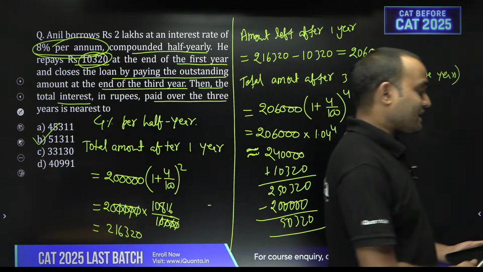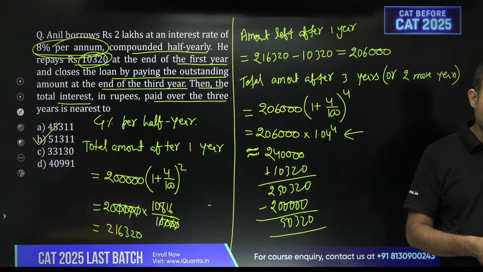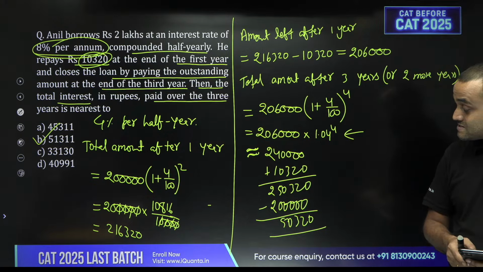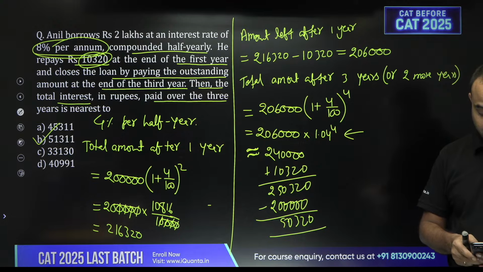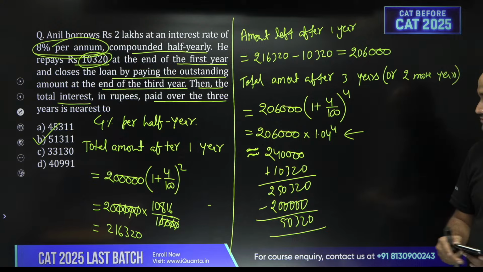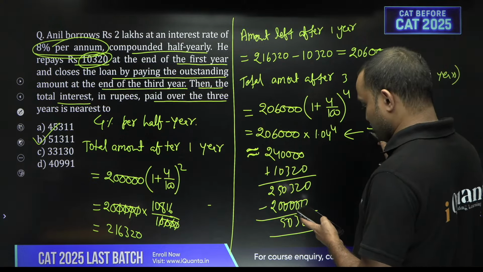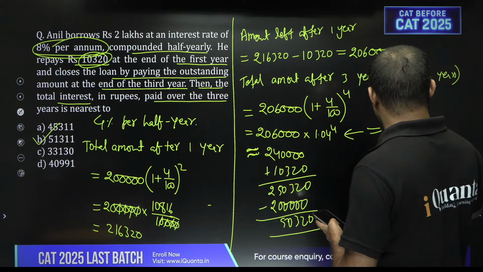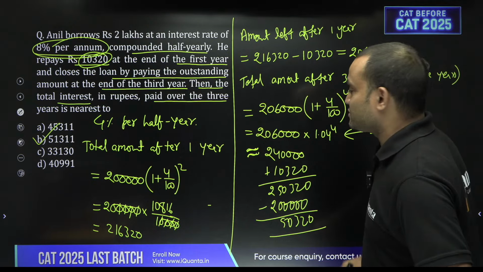If you want, I can calculate the exact value for you here. 206,000 into 1.04, once, twice, thrice, 4 times. So this value will be equal to 2,40,990. 2,40,990.